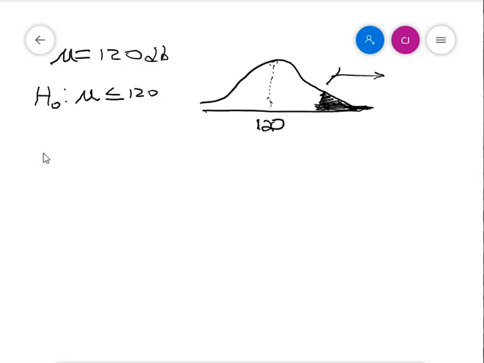We just simply put in the sample data. So we have a sample mean, in this case given as 124, and a sample standard deviation of 11.8. Alpha equal to, and now we have a sample size.